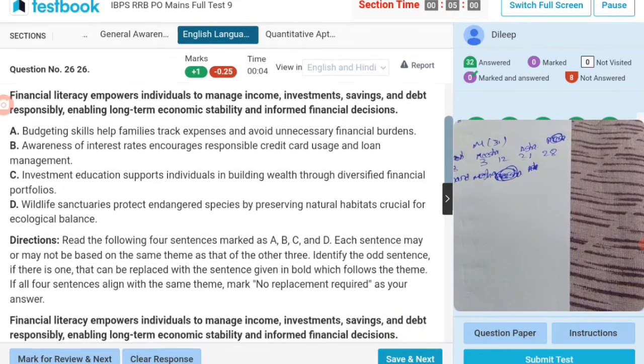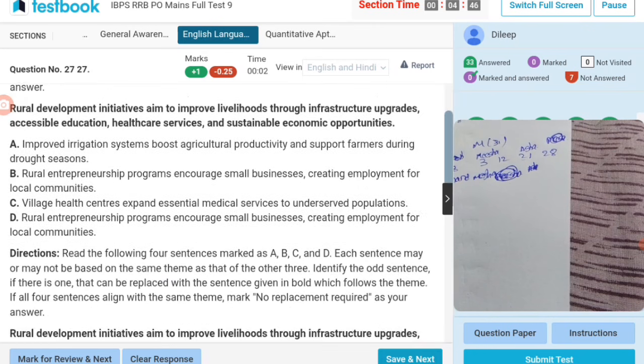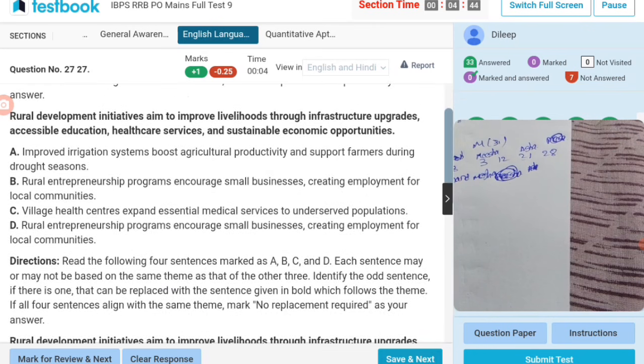Financial literacy empowers individuals to manage income, investment, saving, and debt responsibly, enabling long-term economic stability and informed financial decisions. So I think the Rural Development Initiative aims to improve livelihoods through infrastructure upgrades, accessible education, healthcare services, and sustainable economic opportunities.